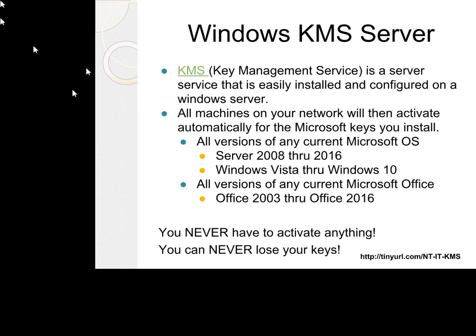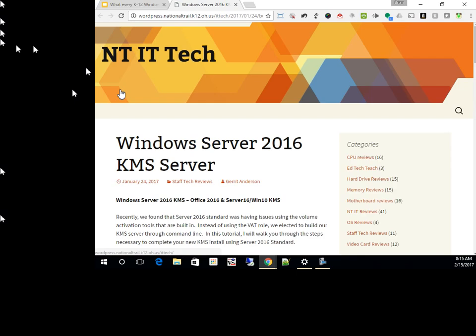If you've never set up a KMS server, it can be tricky, especially with 2016, but the link right there where it says KMS, if you haven't ever set one up before, one of the things that we do when we set stuff up for ourselves is we screen capture, take notes, and put it on our own WordPress server, so that if I have to set one up 2 years from now, I remember what I figured out, and I go to the WordPress server and it's right there.